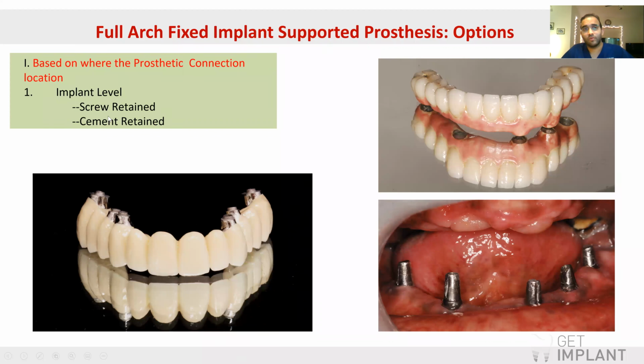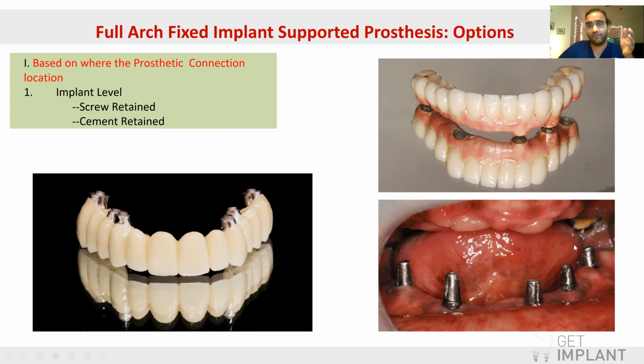Implant level prosthetic can be done in screw retained and cement retained. Screw retained is using UCLA abutments, casted, and then screwed directly on the implant. Abutment level, which is more common of what I used to do, is basically we take stock abutments or we mill custom abutments and we place them in a way that all the abutments are parallel, and then we cement a full arch prosthesis on these abutments, right?